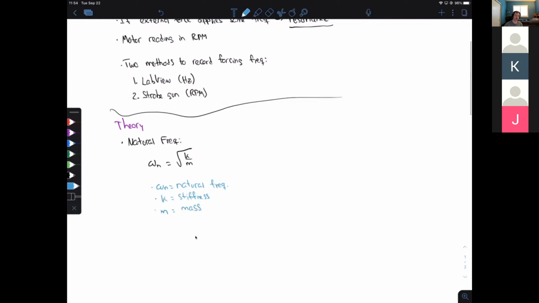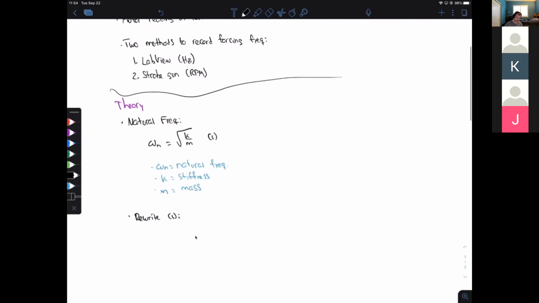Okay, so from this equation, we can write this in a different way. We'll say that the natural frequency, we're going to rewrite as the square root of gravity divided by y sub s.